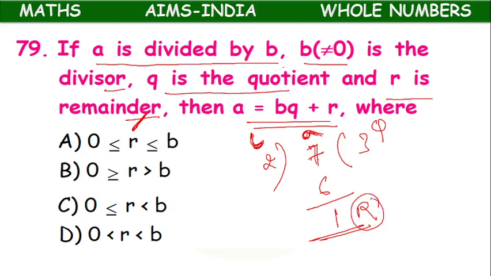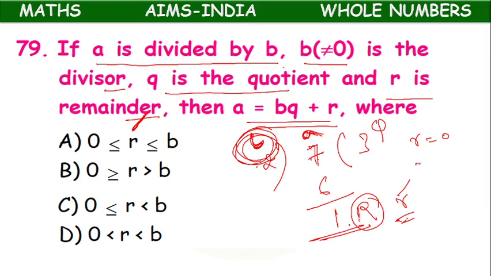Then what is the relation of the remainder? Greater or smaller? How does the remainder lie? Remainder always lies between 0 and the divisor.